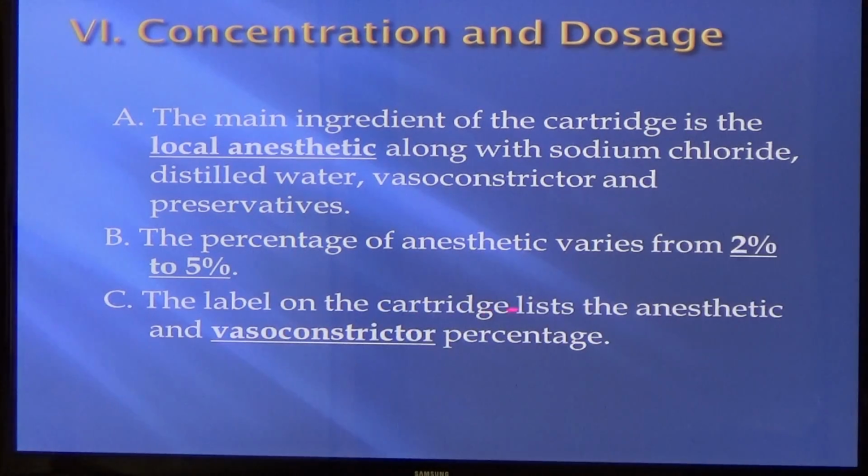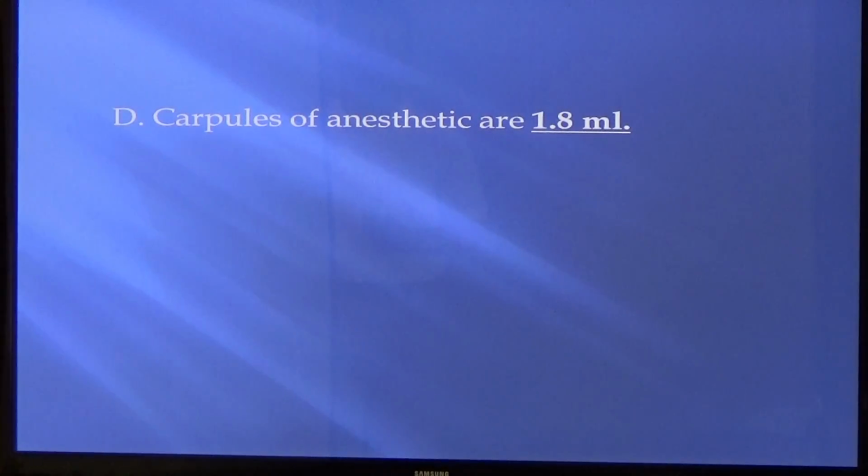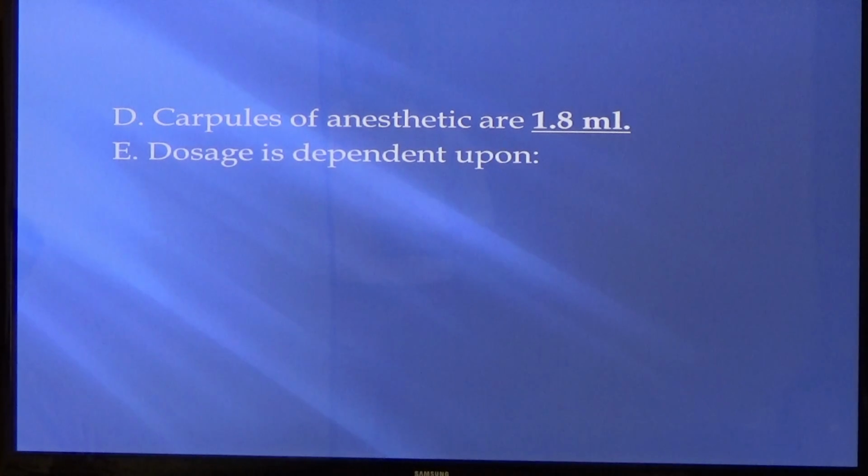The label of the cartridge lists the anesthetics and if it has a vasoconstrictor percentage. The vasoconstrictor is what allows the anesthetic to stay in that place longer. If you don't add the vasoconstrictor, it doesn't last, and you've got to give more anesthetic and more anesthetic, and it's not good. Each carpule is about 1.8.